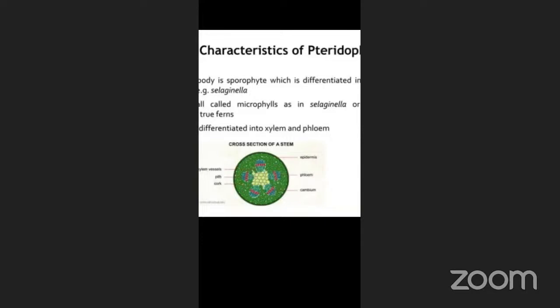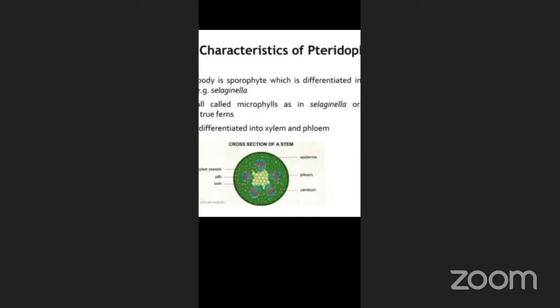Eusporangiate means a group of superficial initial cells develops as a sporangium. More than two cells aggregate to develop as a sporangium.